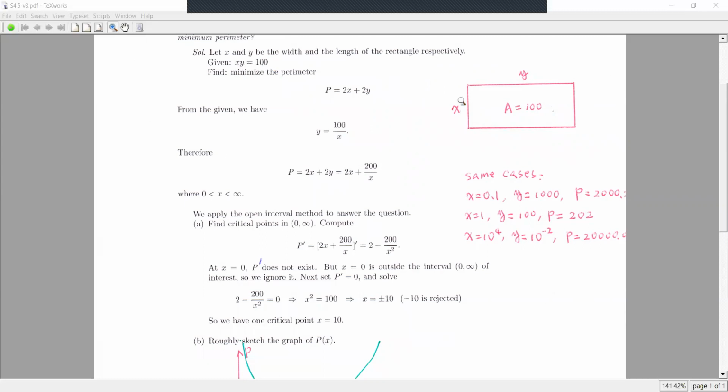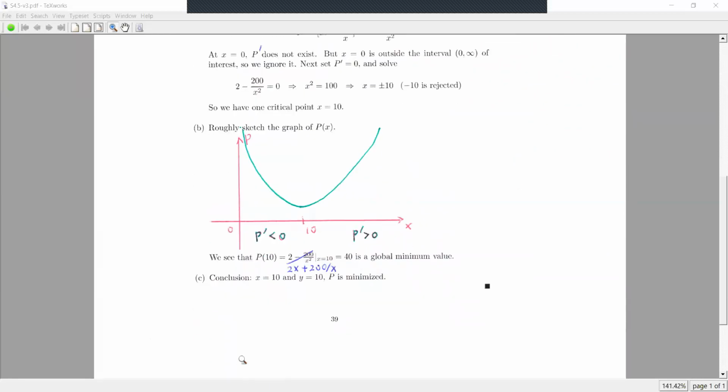So when X is 10, Y is 10. The rectangle, actually, is a square. The perimeter is smallest. How small? Perimeter is 40.